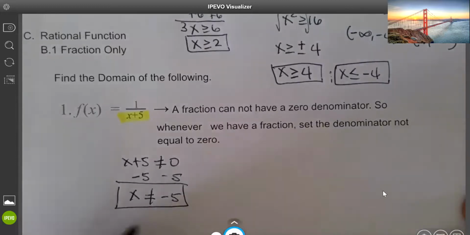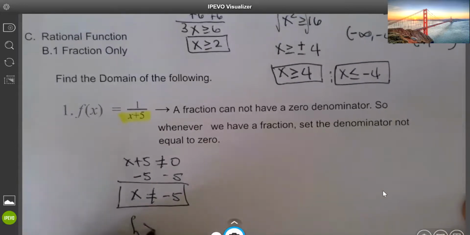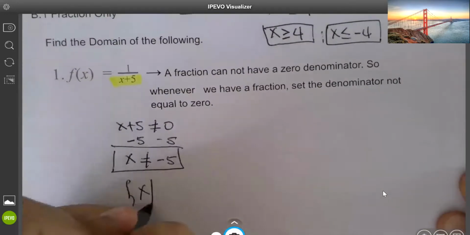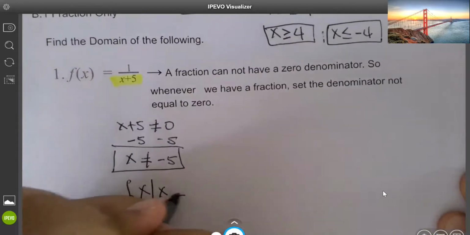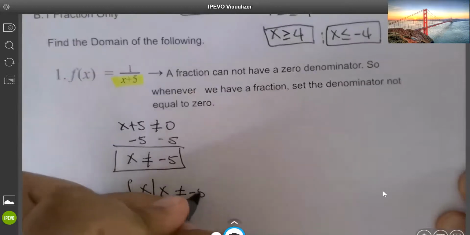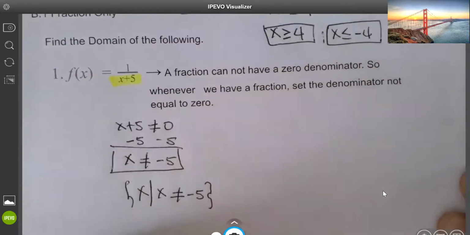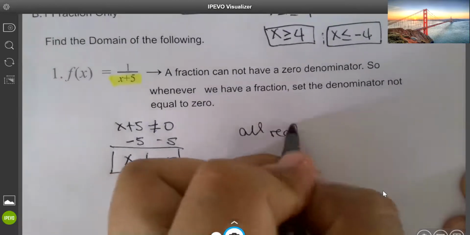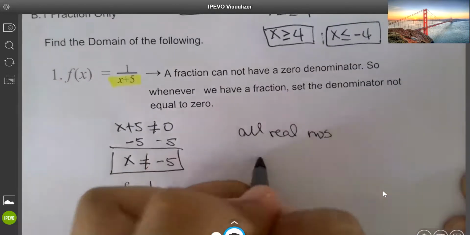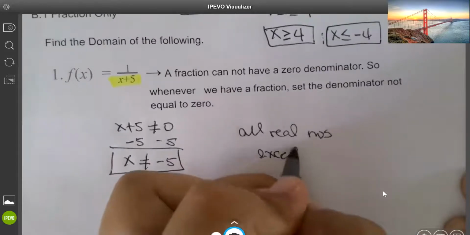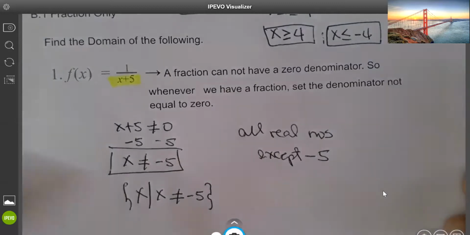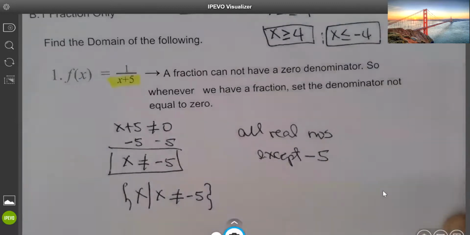I can write this as the set of all x such that x is not equal to negative 5. Or you can just write all real numbers except negative 5. Okay, that is if it is a fraction.